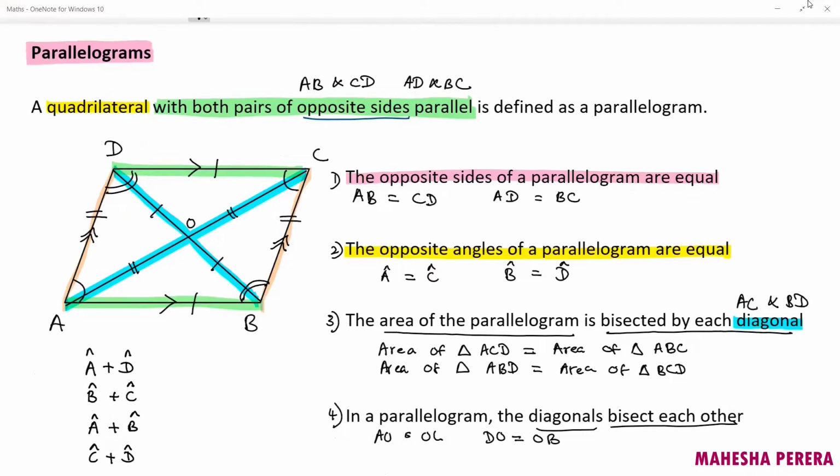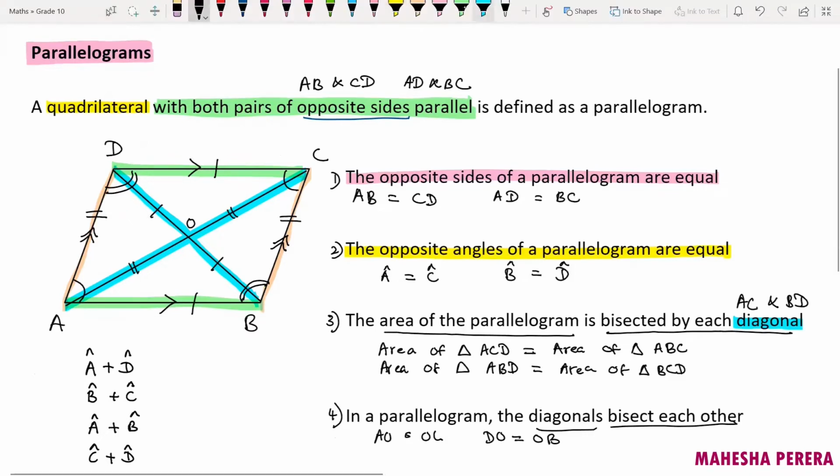Now, when you add angle A and D, where A is here and D is here, when you add these two angles, you get 180 degrees. Similarly, if you add angle B and angle C, again you get 180 degrees.